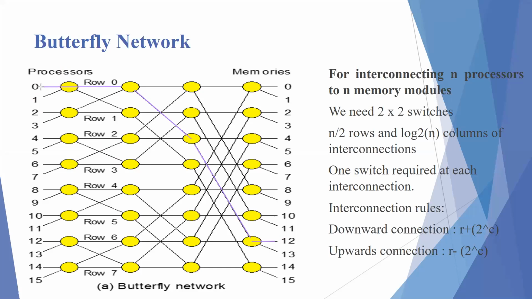So when we talk about multiple processing systems, we have multiple processors connected to multiple memory modules. We might have an MIMD architecture, or an SIMD architecture, or any other architecture which has multiple processors and multiple memory modules. In any of those architectures, we will have to connect all processors with all memory modules.